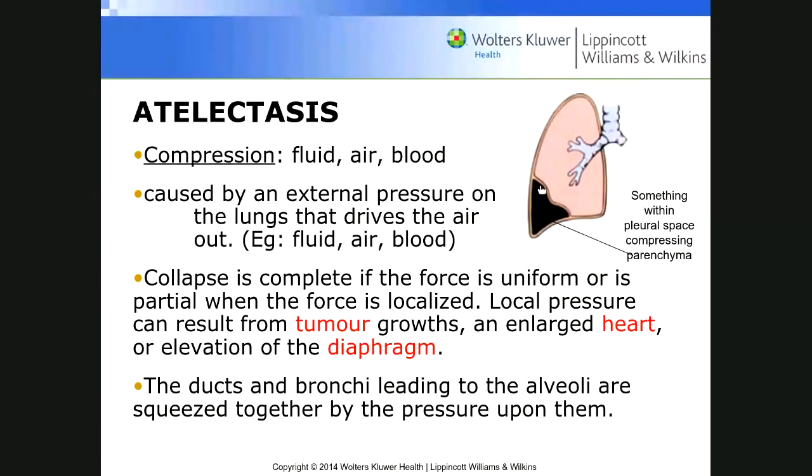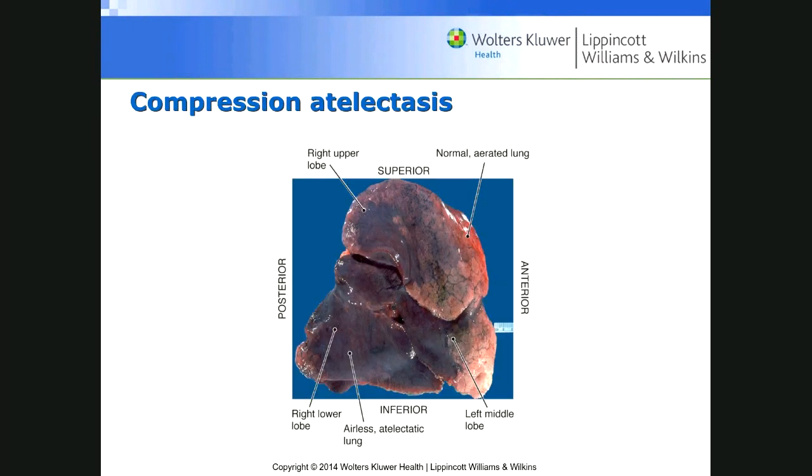So that's something that is compressing on it. So this is compression atelectasis of the lungs. The other thing to note here is if there is air in this lung. By the way, is this the left lung or is this the right lung? Anybody know?